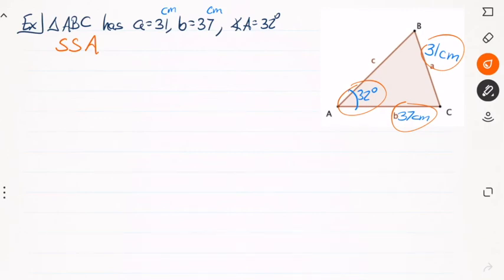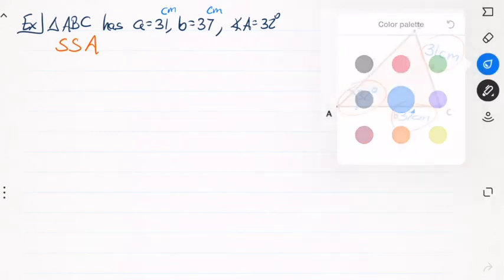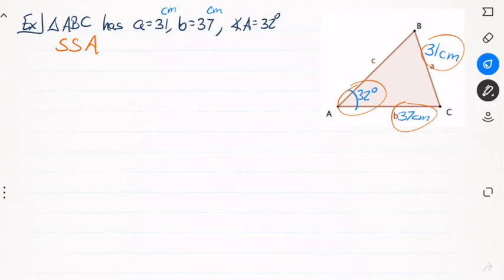So let's set up what we can in this triangle. The major setup is we know everything about the side A and angle A. So that's always going to be part of my process of finding the rest of the information. The only other part I have is the B side, so the only angle I can find is angle B. So I'm going to set it up as sine of angle B divided by side B, which is 37 centimeters, is equal to sine of 32 over 31 centimeters.